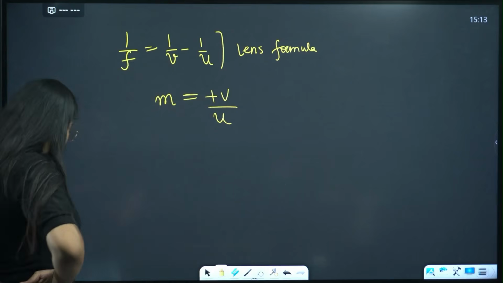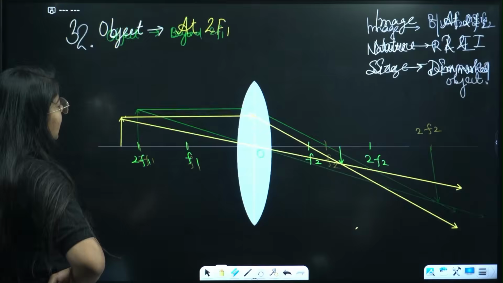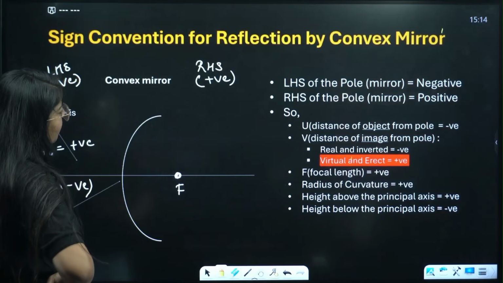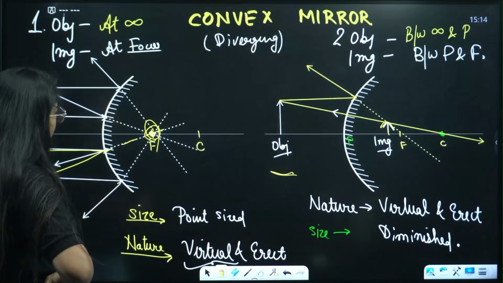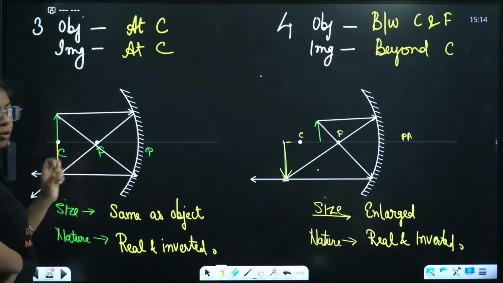One more thing that I wanted to tell you is how to make these diagrams. First, ray diagrams. For mirrors, it is a bit more difficult than for lenses. You have to make the curvature and focus first.